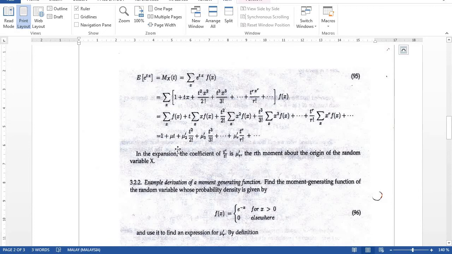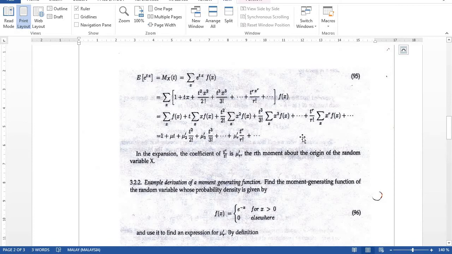Written in moment form, it is equal to 1 plus the first moment multiplied by t, the second moment multiplied with this term, the third moment, the fourth moment, and so on and so forth.